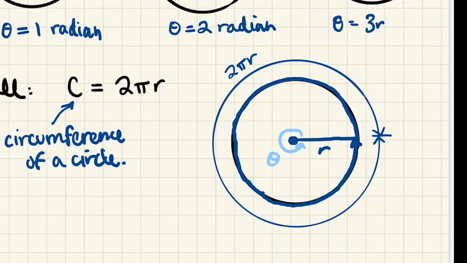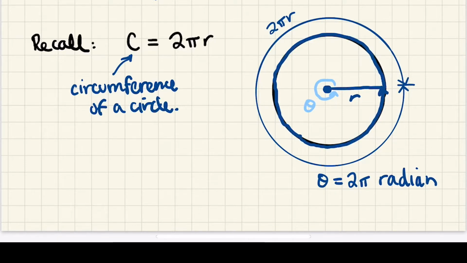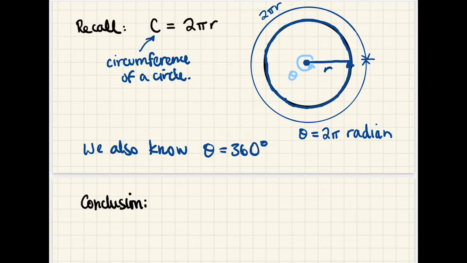So an arc length of 2 pi r, which we know would be the entire circumference, would mean that in this case, our theta here has 2 pi radians of measure. But we also know that theta is 360 degrees. Well, this is going to give us our conversion factor. Our conclusion is that 360 degrees is 2 pi radians.